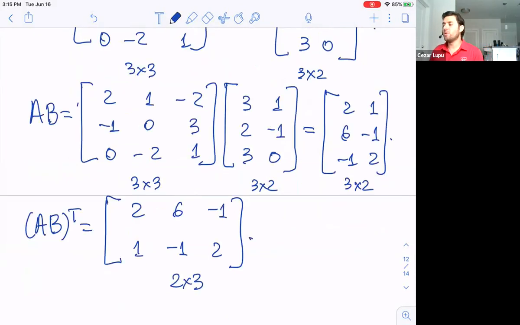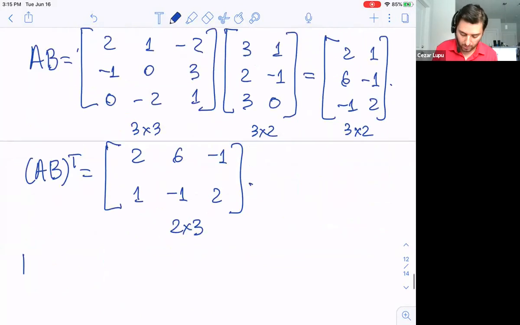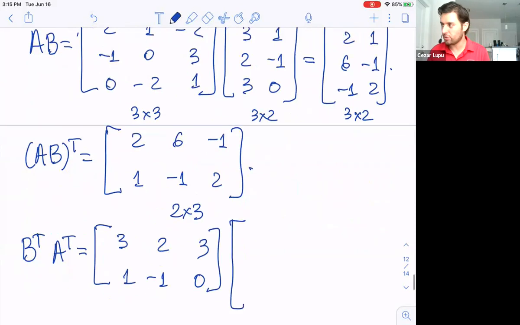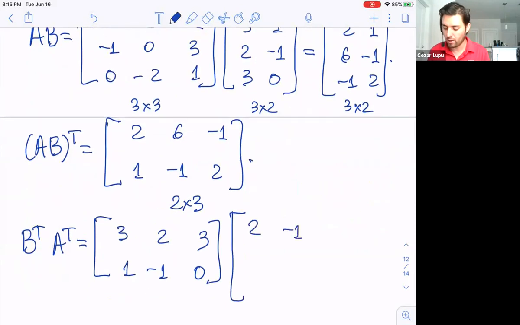And now, if you want to compute by yourself, when we compute B transpose times A transpose, we transpose each one of them, so we'll have 3, 2, 3, 1, -1, 0. And we multiply this by A transpose, which will be 2, -1, 0, 1, 0, -2, -2, 3, 1.